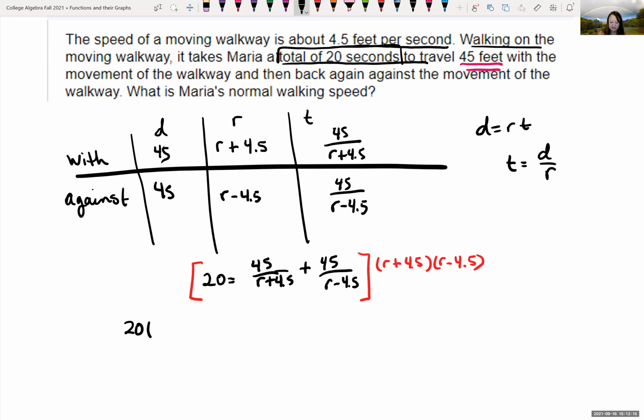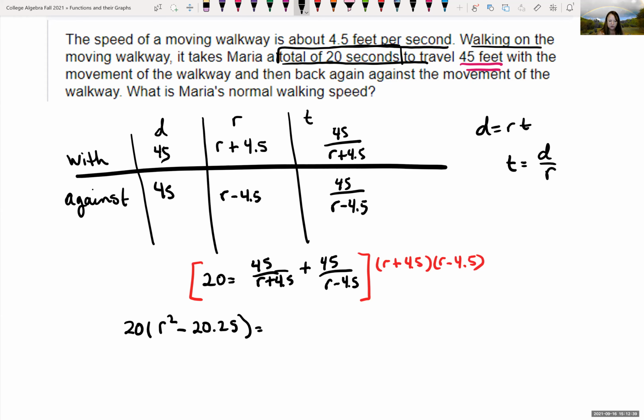And notice that this is a difference of squares. So I'm just going to FOIL that out on the left-hand side when I multiply it to 20. So A minus B times A plus B, that's A squared minus B squared. So in our case, that's R squared minus 4.5 quantity squared, which gives us 20.25.